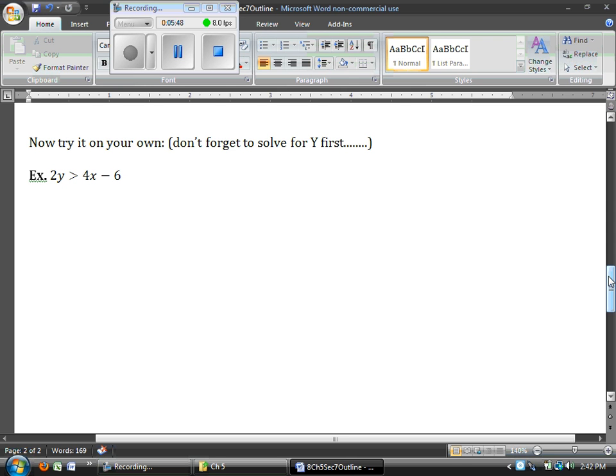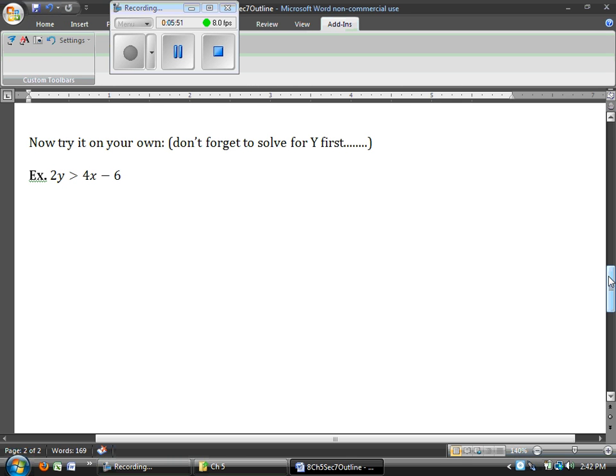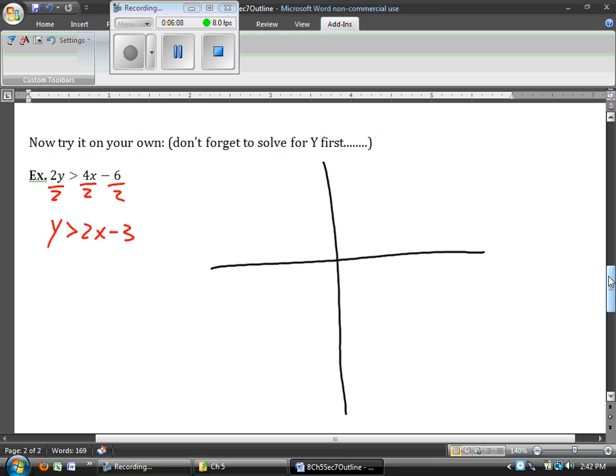All right. So first we need to solve for y, which means we divide everything by 2, so that y is greater than 2x minus 3. Okay. Since we have it solved for y, we can graph it. Our intercept is at -3.